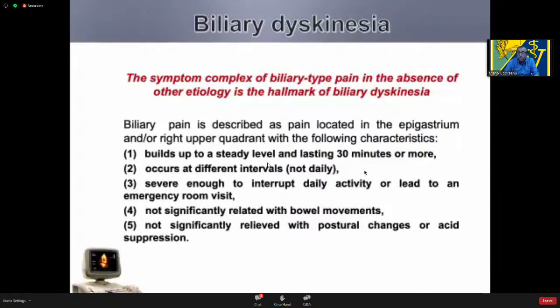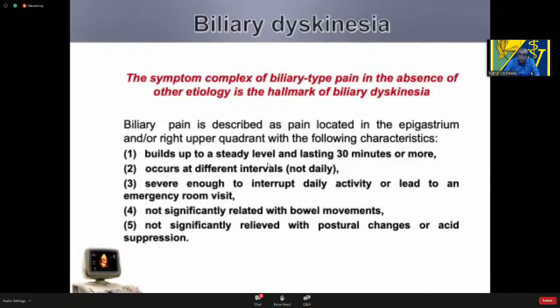It's important to notice that these signs appear at different intervals, but not daily. It's important to know that this pain is severe enough to interrupt daily physical and other emotional or other type of activity, or lead to an emergency consultation and the presentation of the owner with the patient to the room visit.